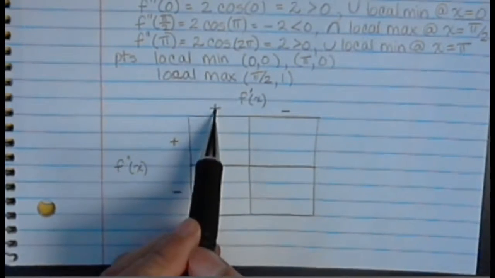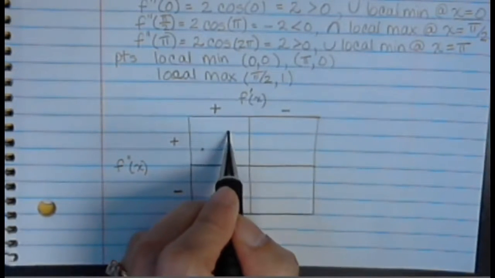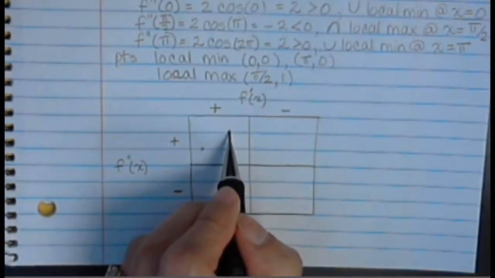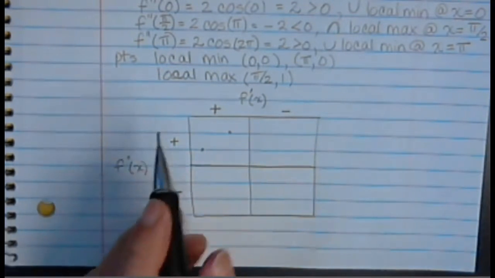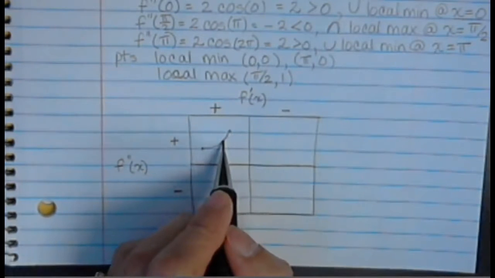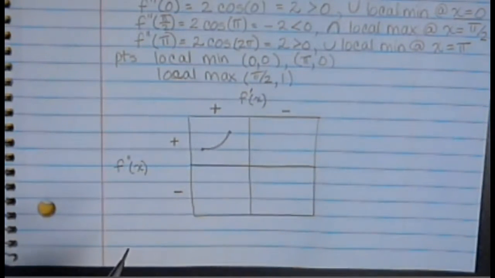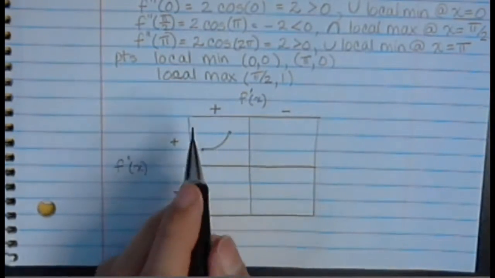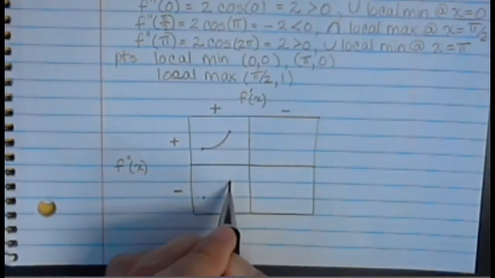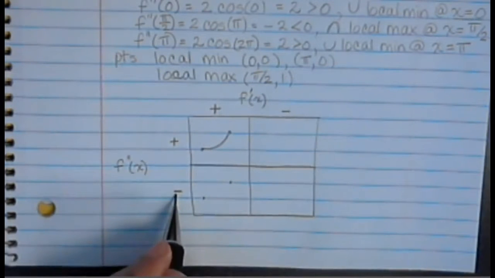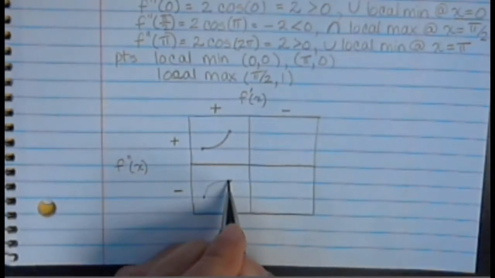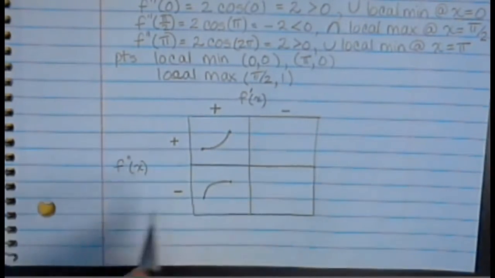So what we find is that if f prime is positive, remember that's slope, it's increasing, so it's going upward. And if at the same time concavity is positive, it's going to be concave up like this. If we had the same increasing scenario, because the slope is positive, but we have a concavity down, then our graph kind of looks like this.